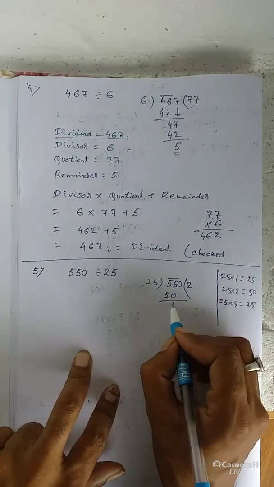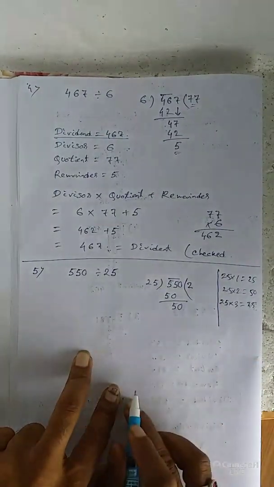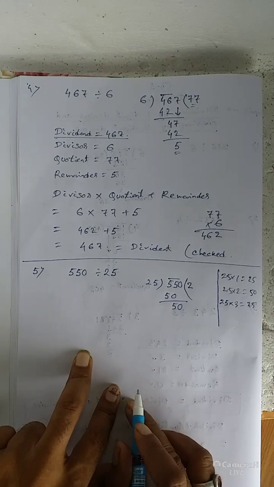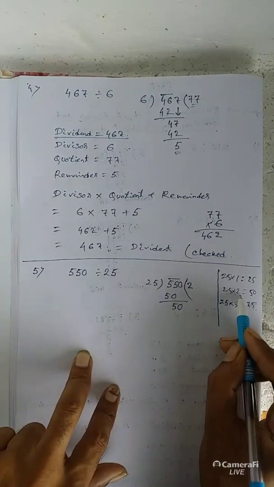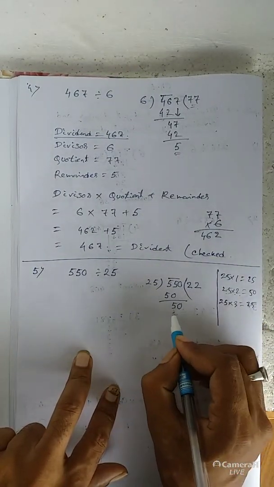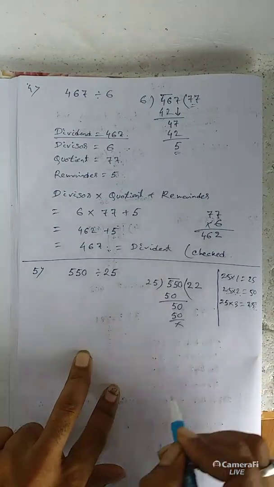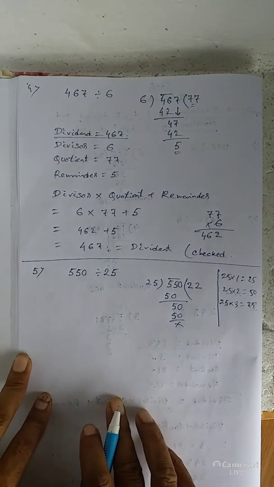Now subtracting, we get 5. Again proceed, 25 multiplied by 2 equals 50. So the division is completed here.